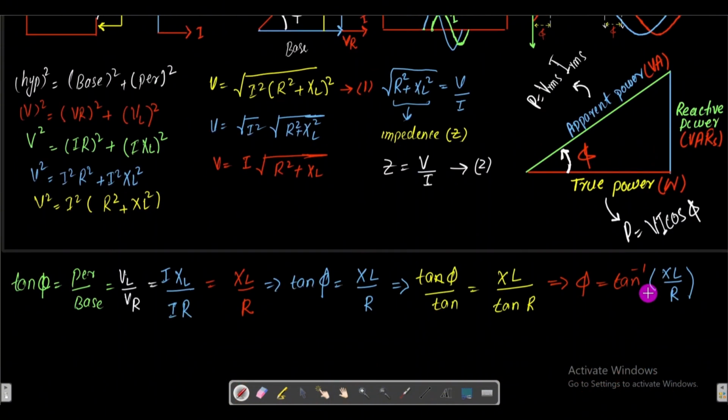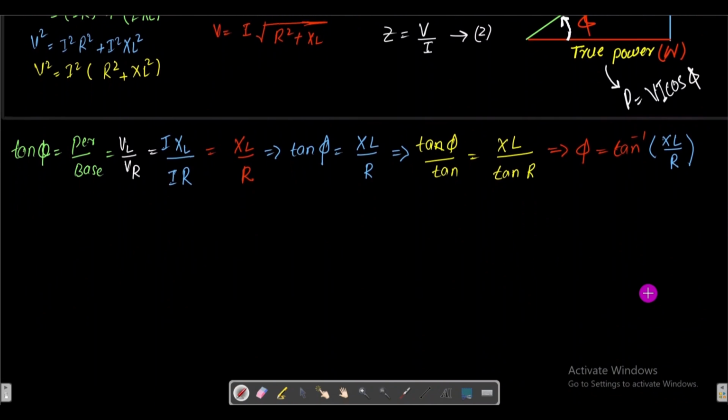So let's discuss more about the power. Here the topic is power, and we know that the formula of the power is P equal to I V, the current and the voltage.